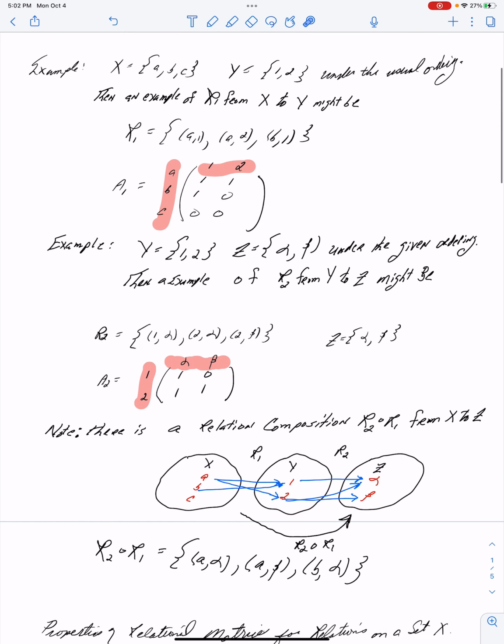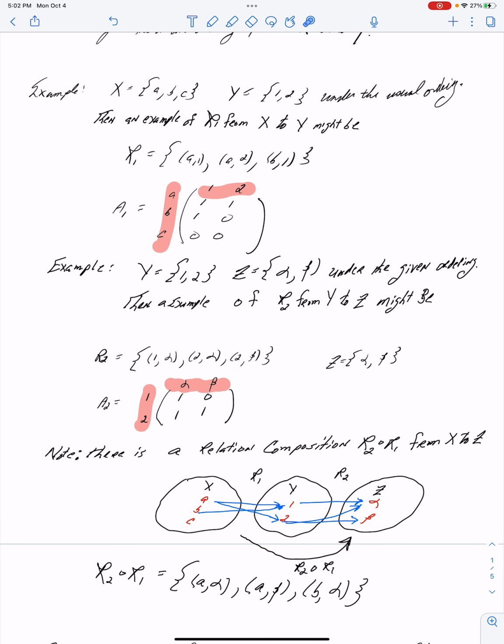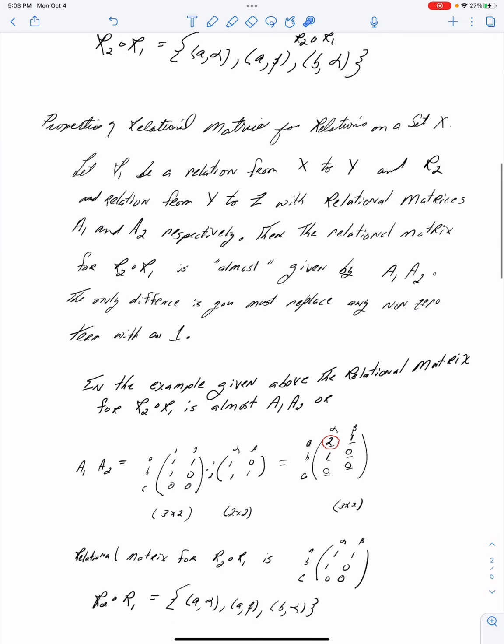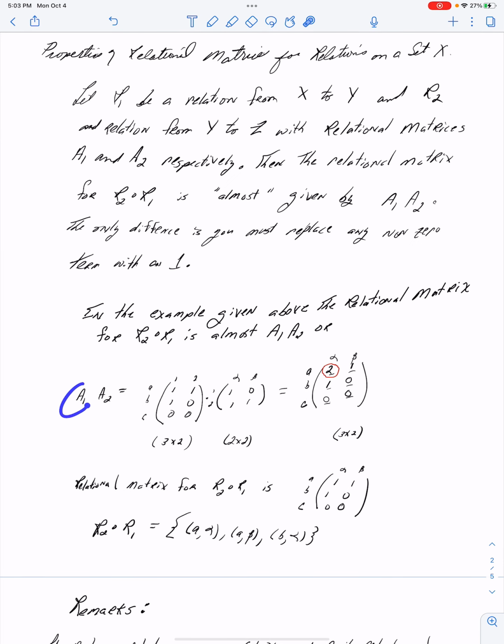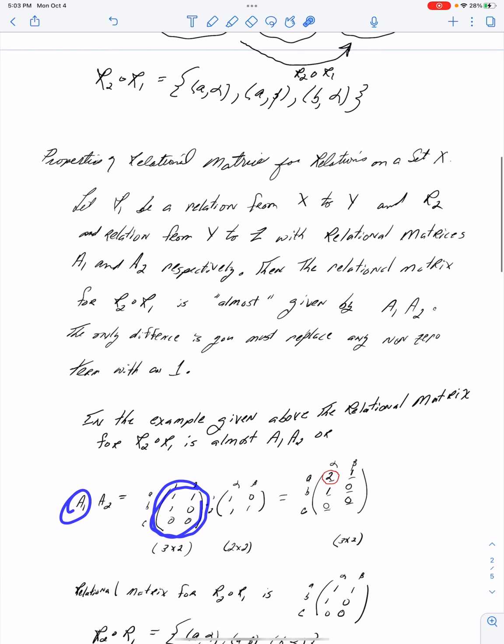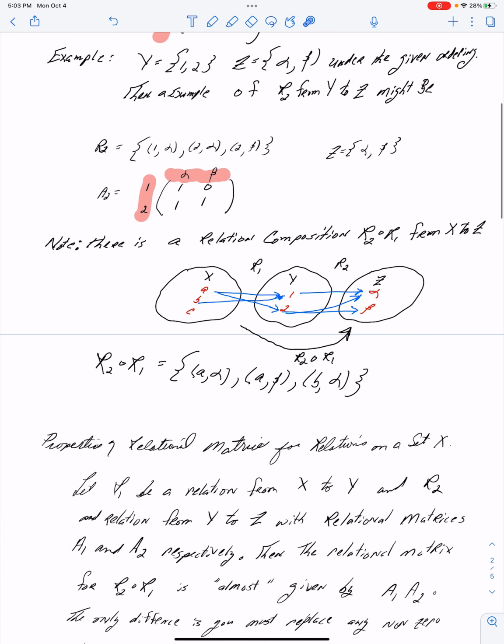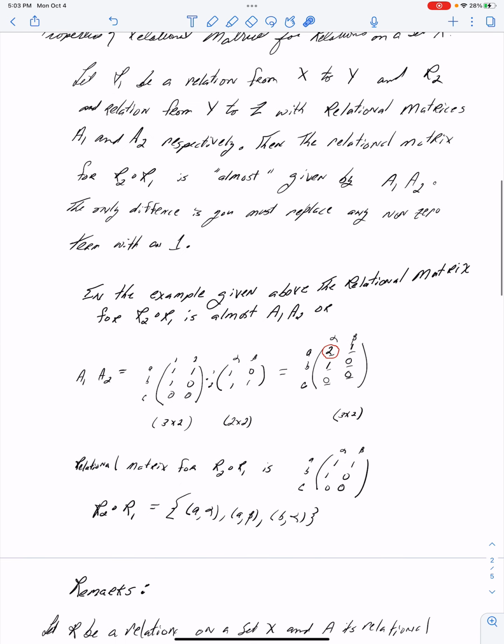So previously we had the relation R1 and its relational matrix 1, 1, 1, 0, 0, 0. So I put A1. This is its relational matrix. A2 is the matrix 1, 0, 1, 1.